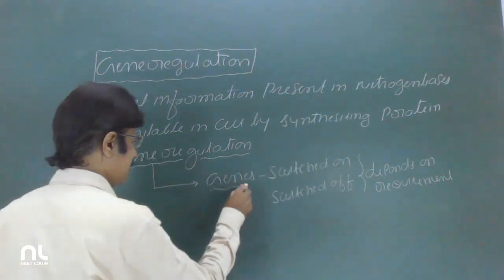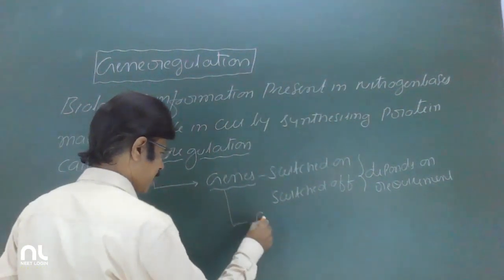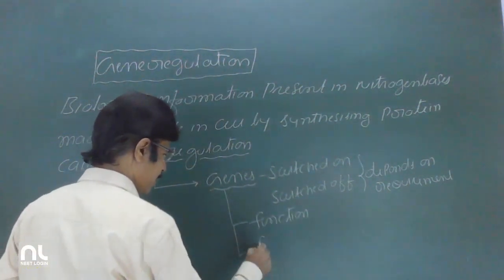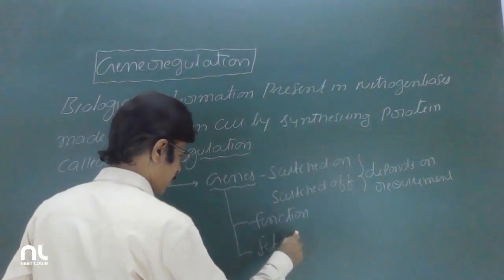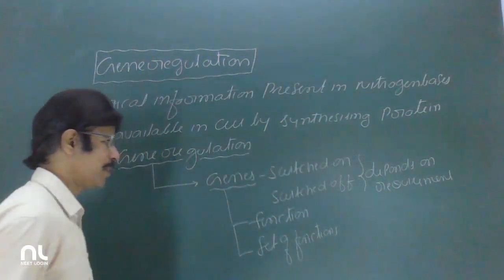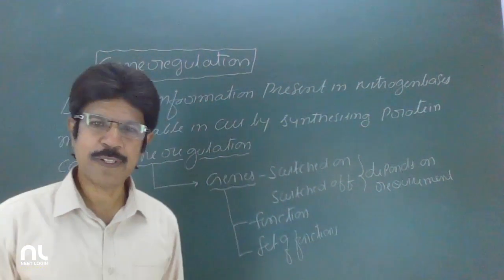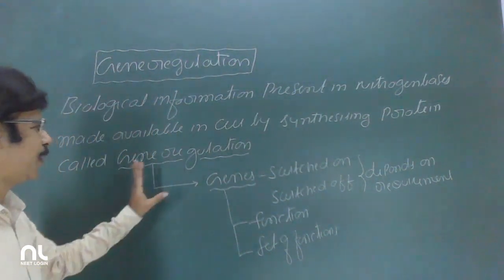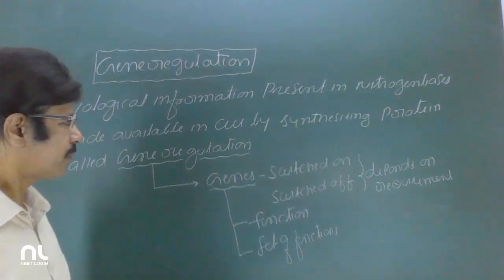And these genes are meant for a function or a set of functions which may be switched on or switched off, depending upon the requirement. Okay, what do you call it? Gene regulation.